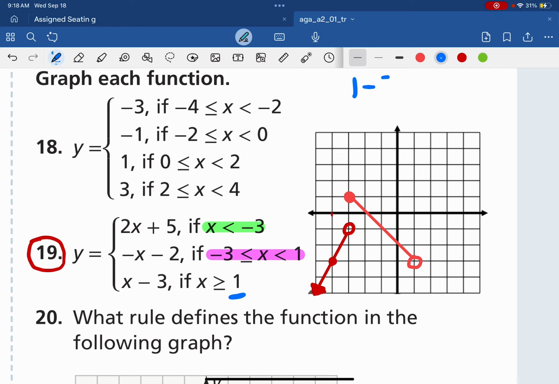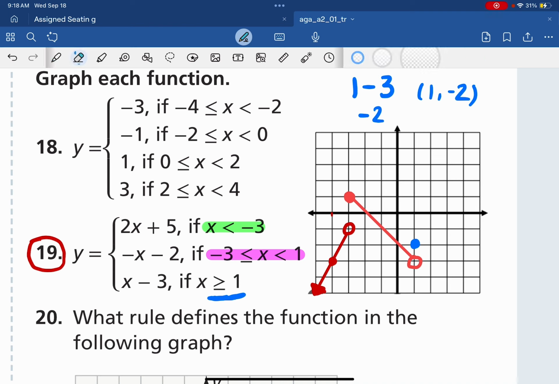So I have 1 minus 3, which is negative 2. So at 1, my function has a point at 1, negative 2. And I'm going to put a closed circle because 1 is included in this blue piece.